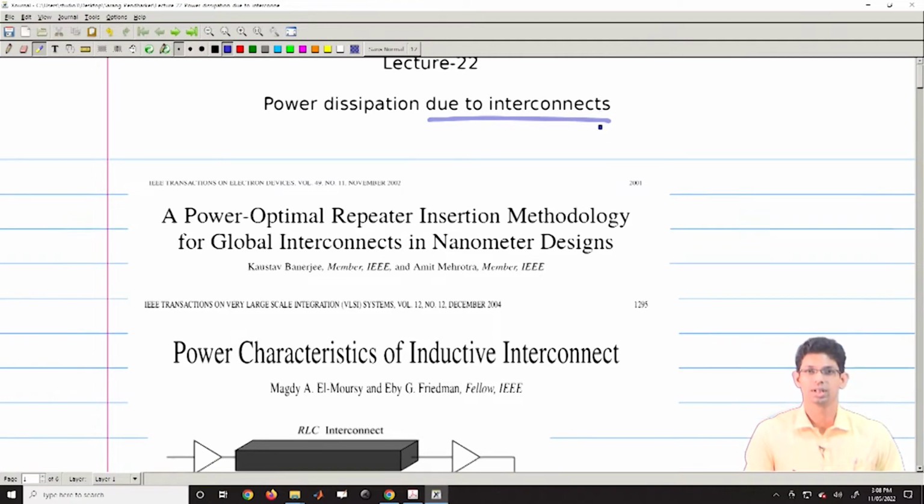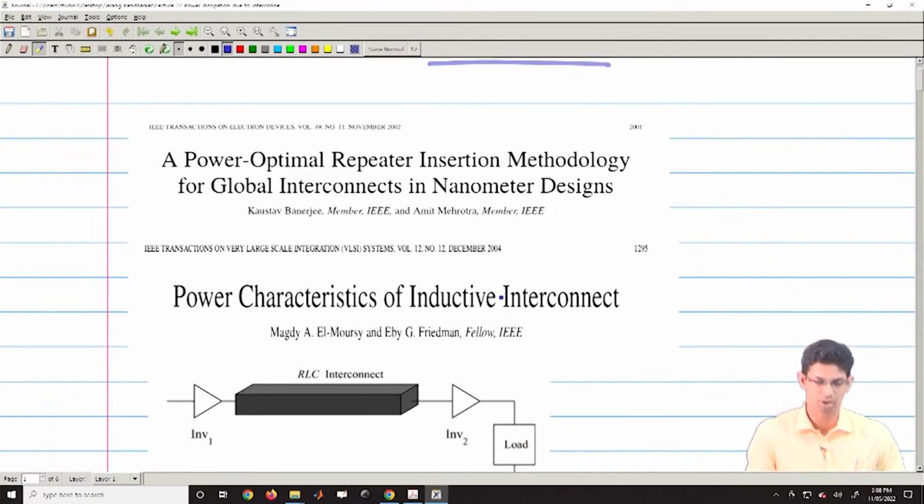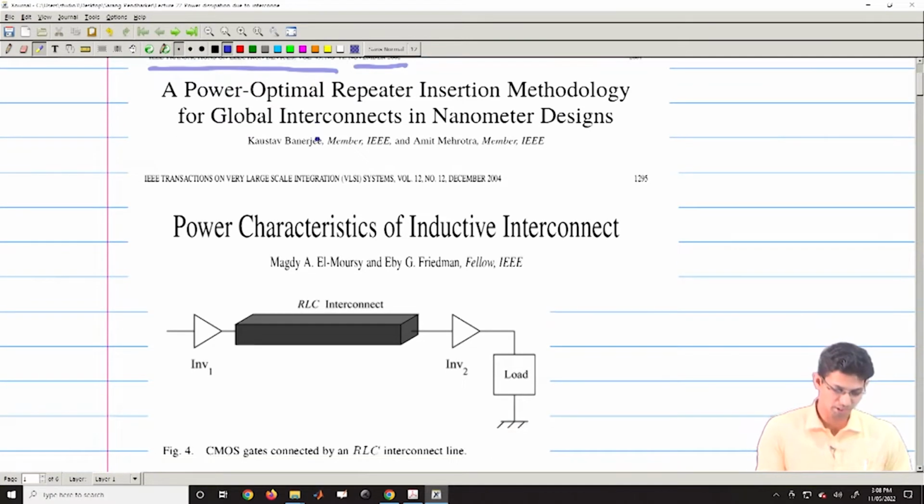The reference for this lecture is broadly these two papers. However, the content is not arranged in exactly the same way it is given in these papers, but these are the two primary references. There are other references as well. One of the references is Power Optimal Repeater Insertion Methodology for Global Interconnects in Nanometer Design. This is from 2002, published in IEEE Transactions on Electron Devices, and the second paper is from 2004, published in IEEE Transactions on VLSI Systems.